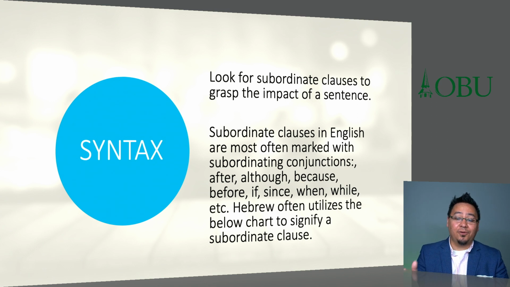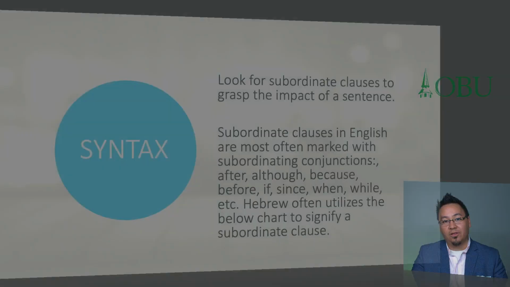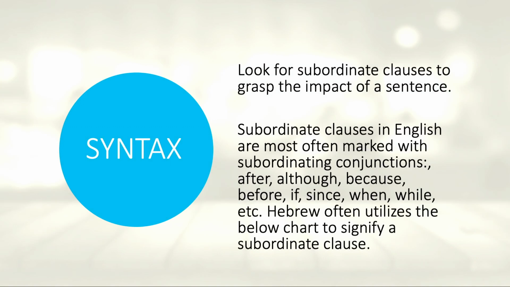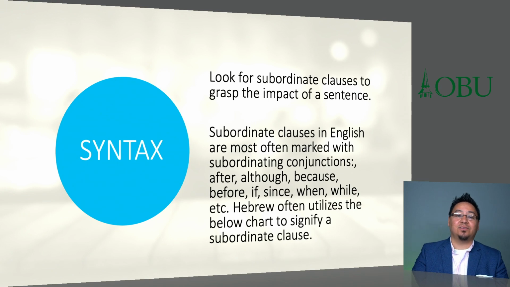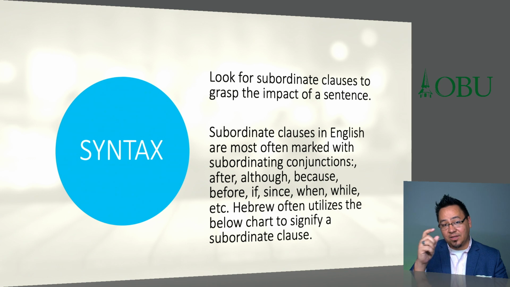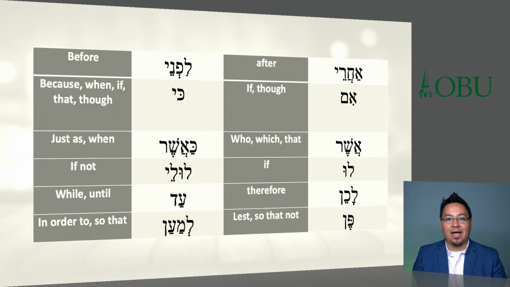Syntax, okay, is often going to have subordinate clauses. In English, subordinate clauses are marked with conjunctions such as and, after, although, because, before, if, since, when, while, etc. Hebrew utilizes the same types of things to change the structure of a verse and then point you towards something big that is happening. So you can look for these words. These are words that you've already learned in vocabulary up to this point. Lefini, ki, keasher, luli, ad, lema'an.